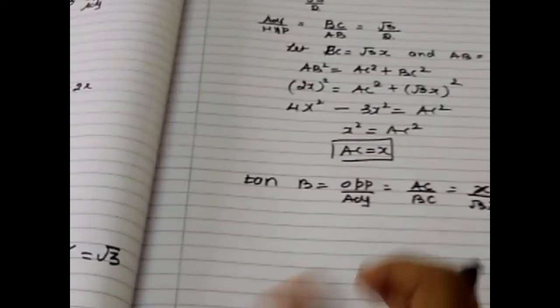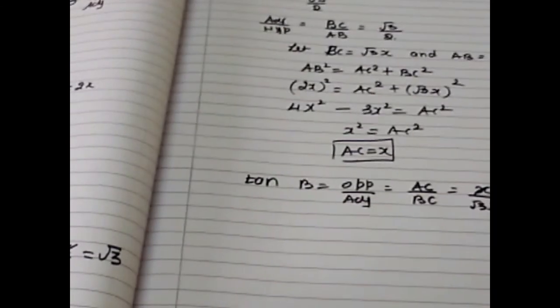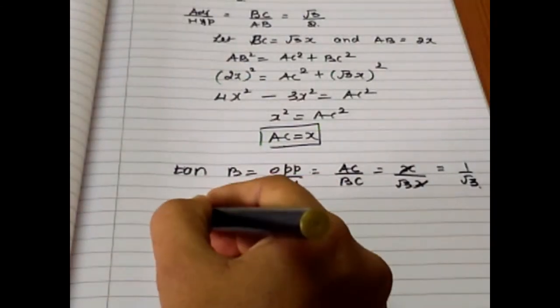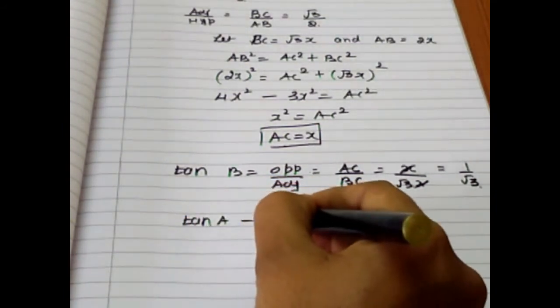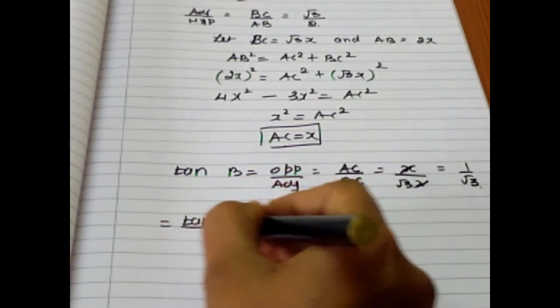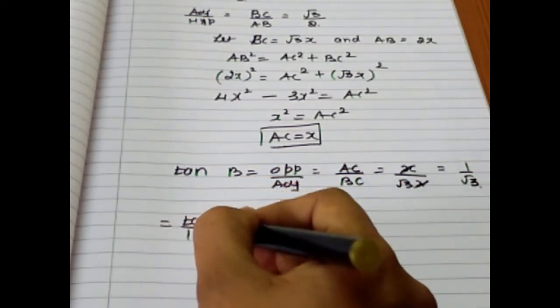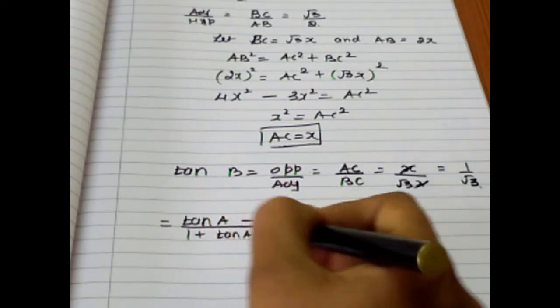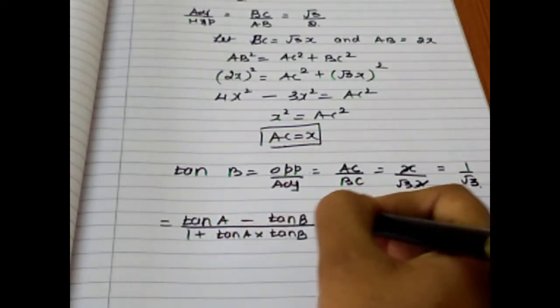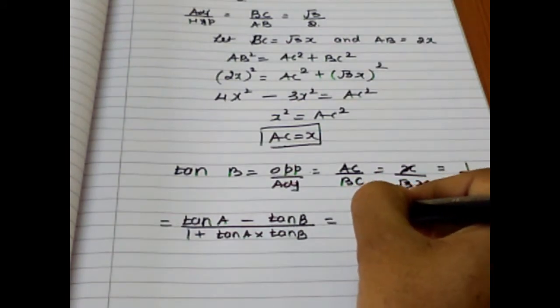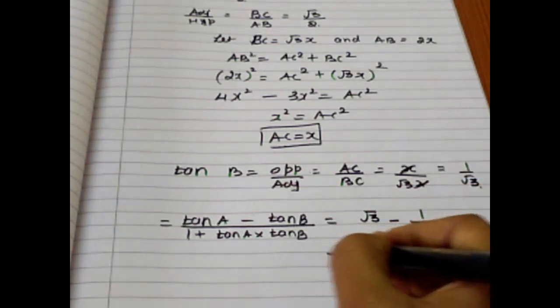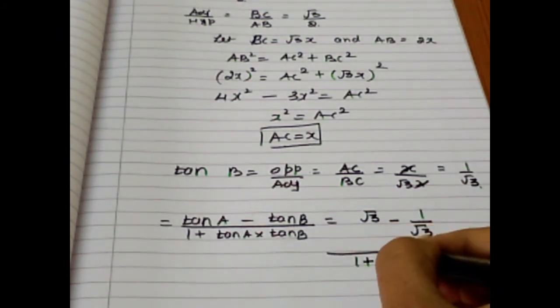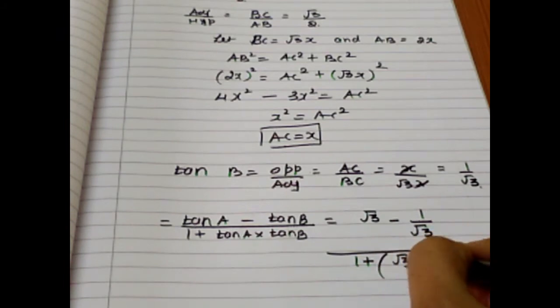That is tan A minus tan B whole divided by 1 plus tan A into tan B. Substitute carefully, children. Tan A is root 3, tan B is 1 by root 3 whole divided by 1 plus tan A is root 3, tan B is 1 by root 3.